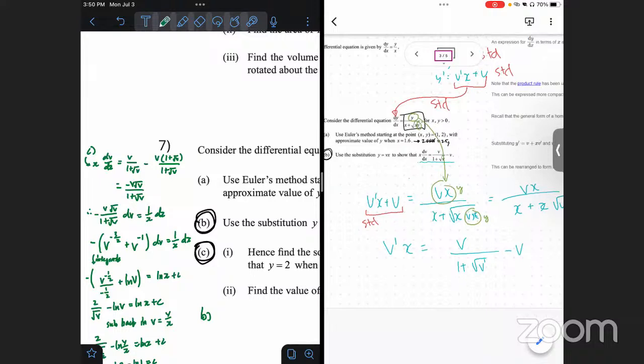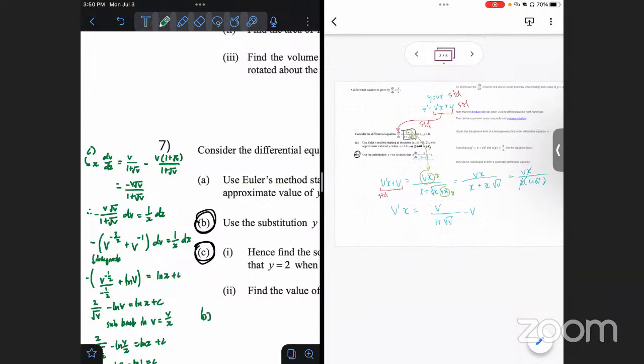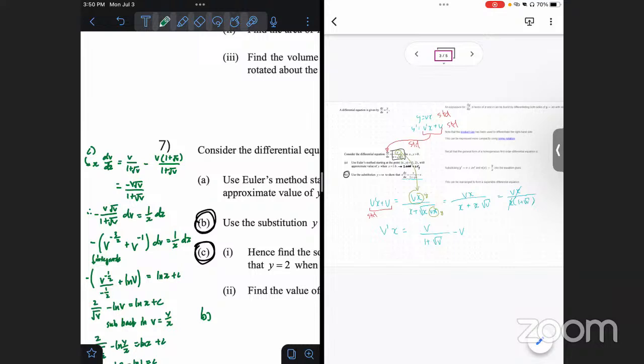What I'm writing is not appearing, but basically I'm simplifying the right-hand side. Can you follow the simplification of the right-hand side? There you go.